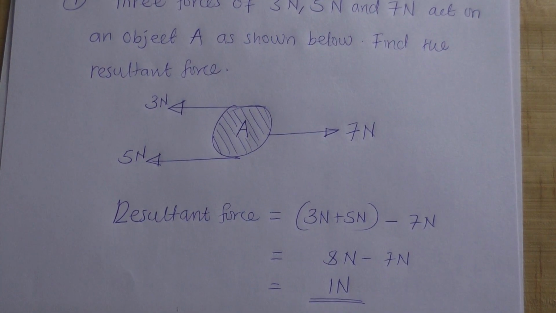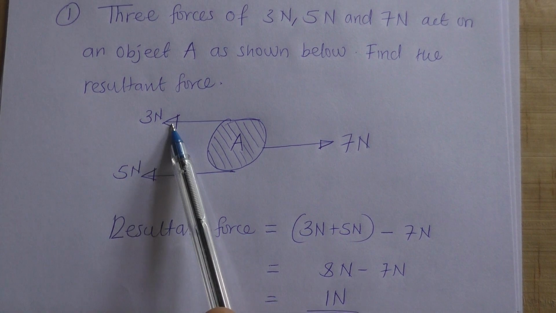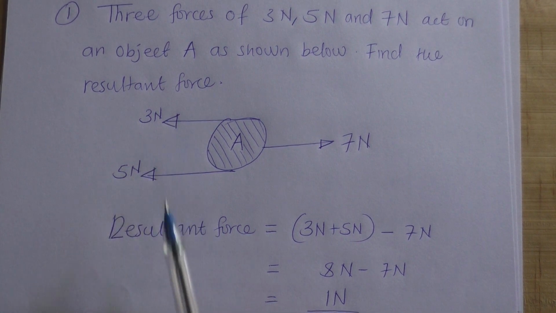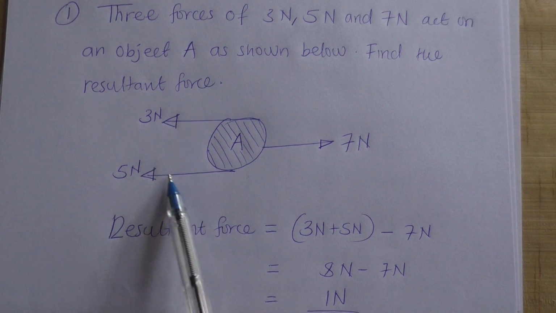Resultant force is got by, first of all, we shall add those that are acting in the same direction. The 3 Newton plus 5 Newtons.